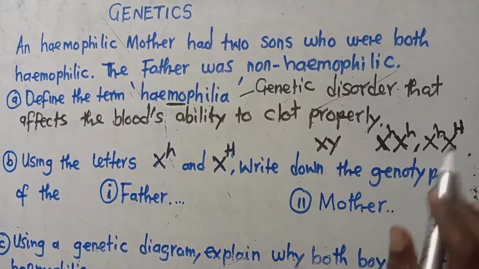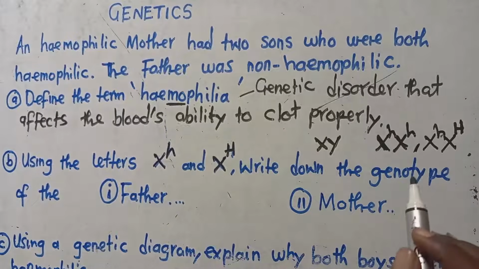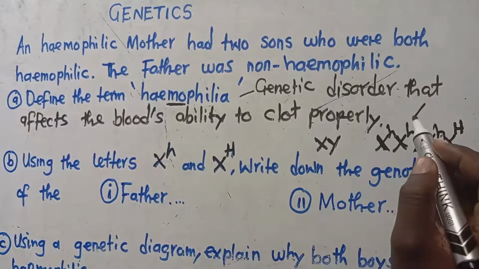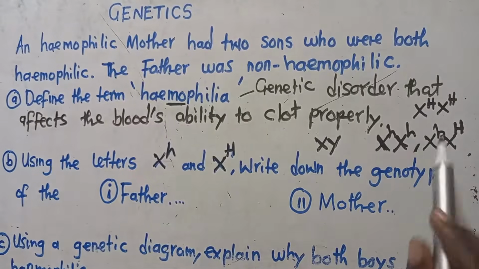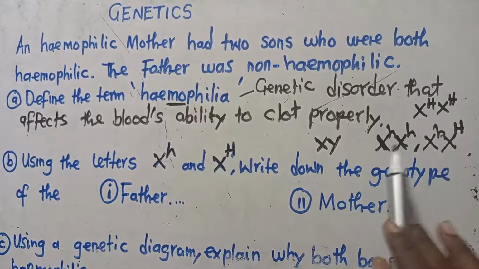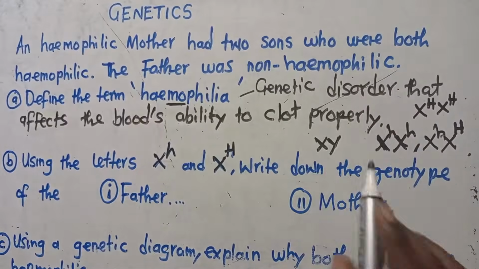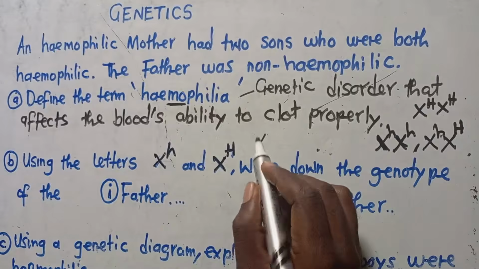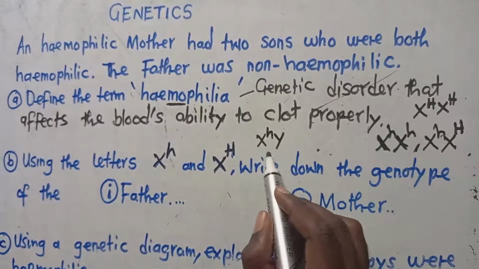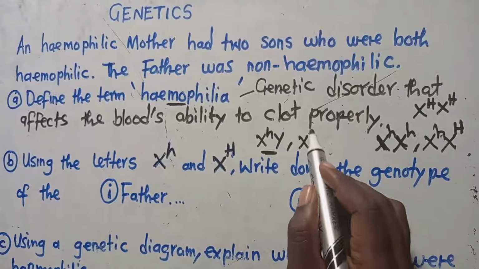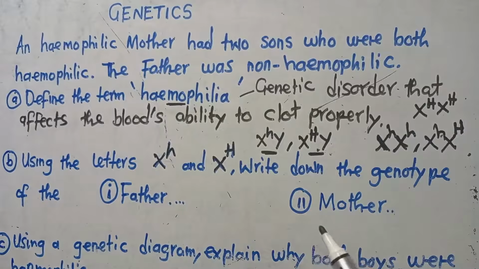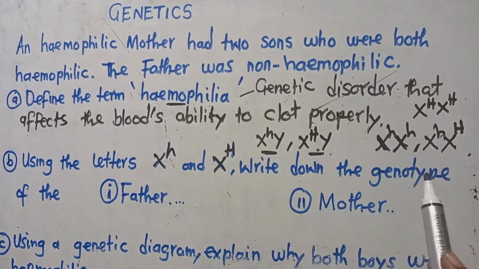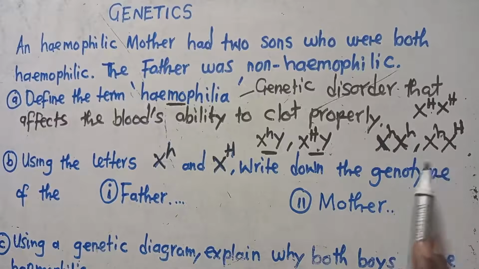And if a female is okay, she needs to have dominant alleles. But in males, when you've got the recessive one, it means that you are sick, and if you've got the dominant one, you are just okay. So males only have two options, sick or not sick. But females can be normal, carrier, or sick. This is what you need to understand.